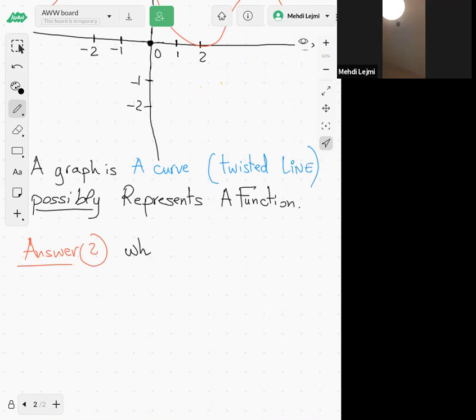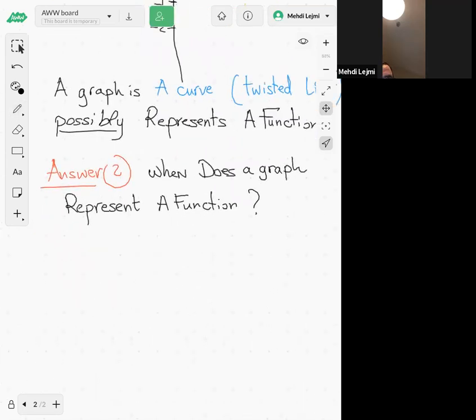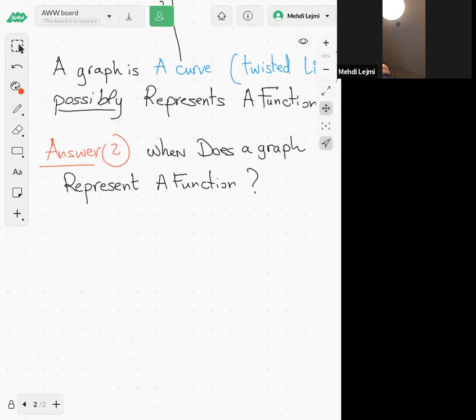When does a graph represent a function? Okay. Well, the idea is the following. Here are some examples. So first example, let's say you have the following graph.